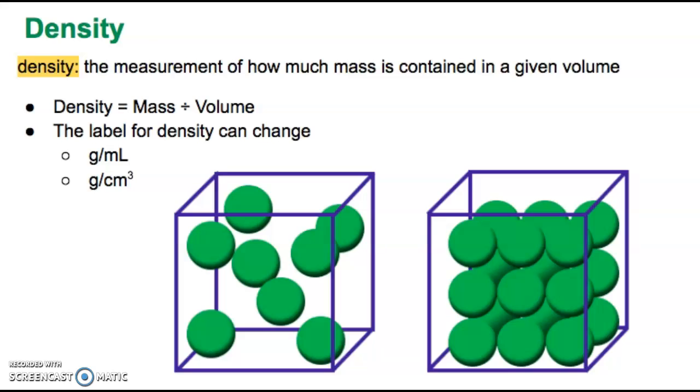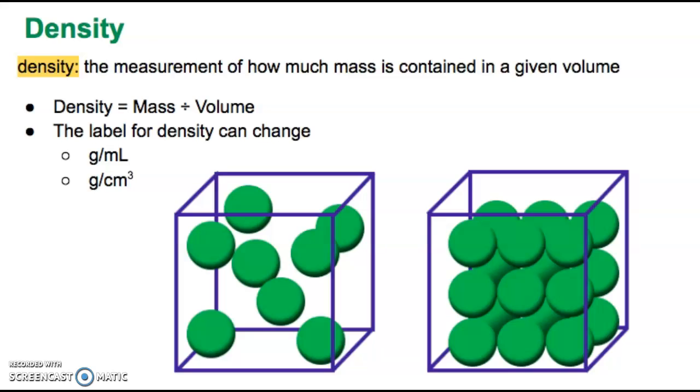And because we're taking 2 different measurements on their own and combining them together, we can have all sorts of different labels for density when all is said and done. So remember that mass is the amount of stuff that makes up an object, and we measure mass in kilograms or grams or milligrams, depending on where we want to go with that prefix.